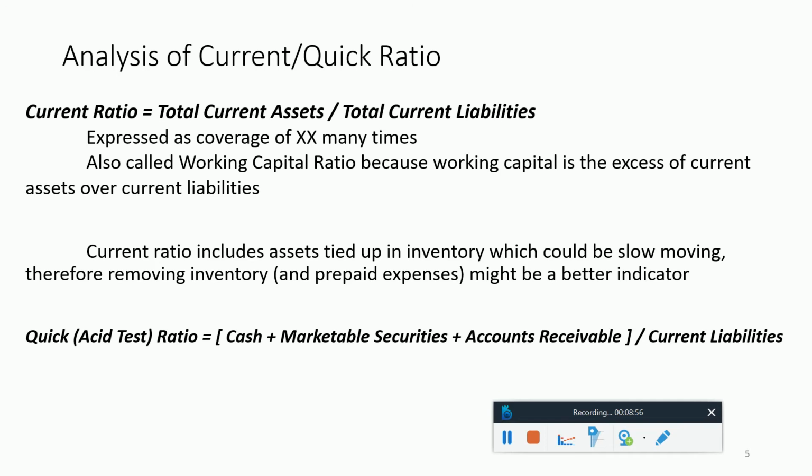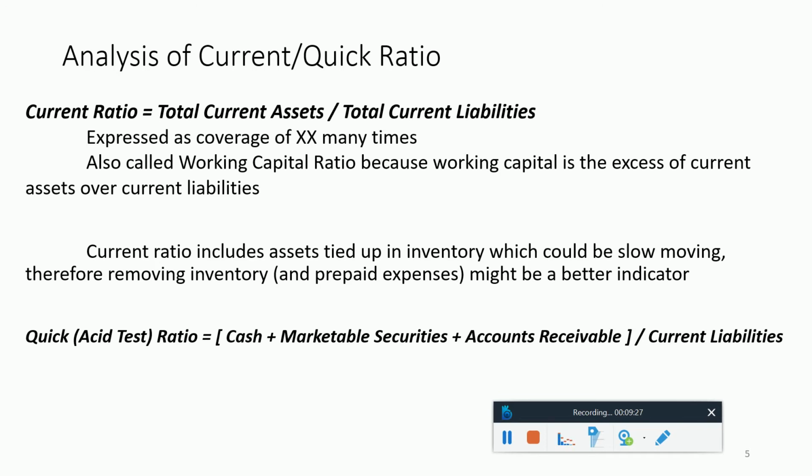However, regardless of whether you have supplies or a prepaid rent or a prepaid insurance contract, any of those are not going to be able to be turned back into cash. And as a result, some argue that it's best to leave those out of the quick or the acid test ratio because since they can't be turned back into cash, they can't be used to help cover your existing liabilities.